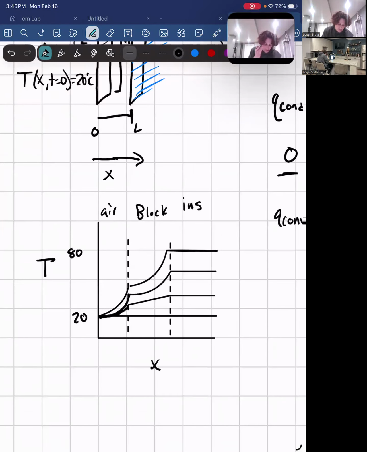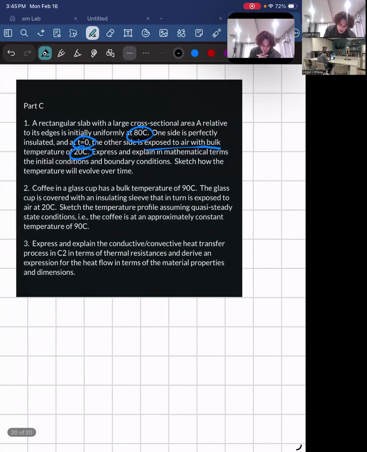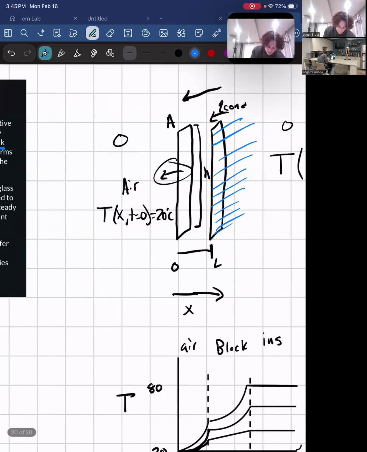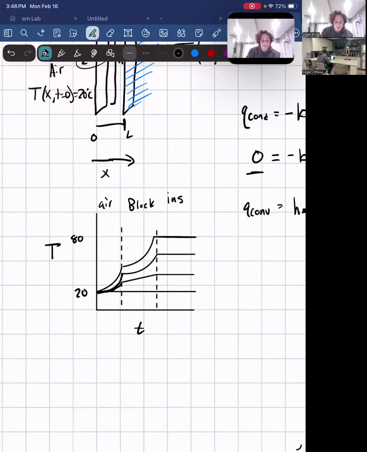So that is how we sketch how temperature evolves over time, right? So as time goes on, right, our temperature decreases. This is over time, and so as time goes on, it will get less and less steep until eventually it is 0.